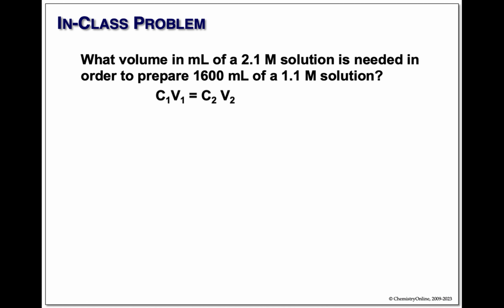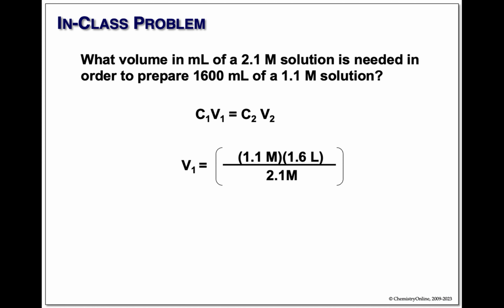V1C1, V2C2, and again, we're solving for V1. C2, V2, C1. Molar will cancel. 1.1 times 1.6 divided by 2.1. 0.84 liters, remember the liters, or 840 mils.